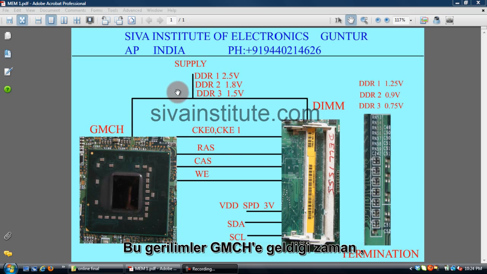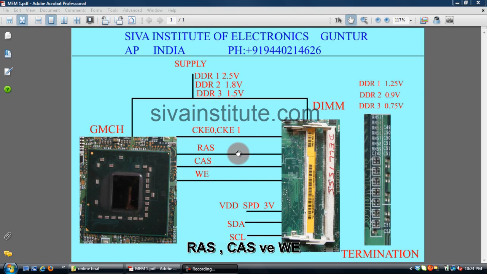Next, when this voltage comes to the GMCH, the CKE0 and CKE1 clock enable voltage will come out from the GMCH to the memory slot.